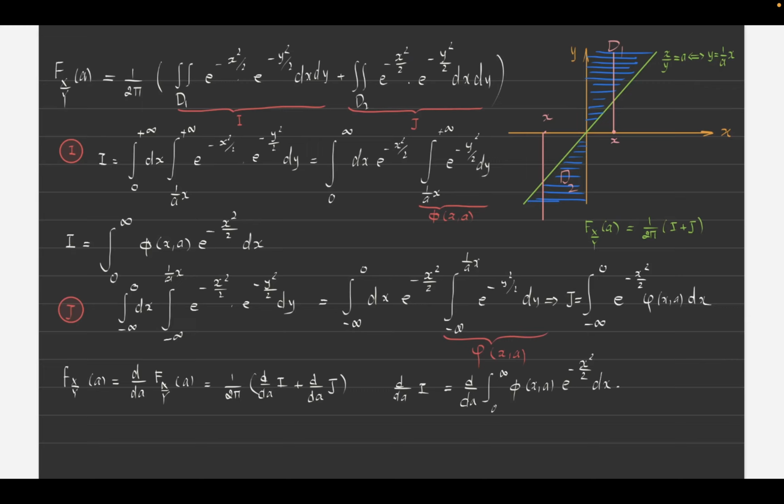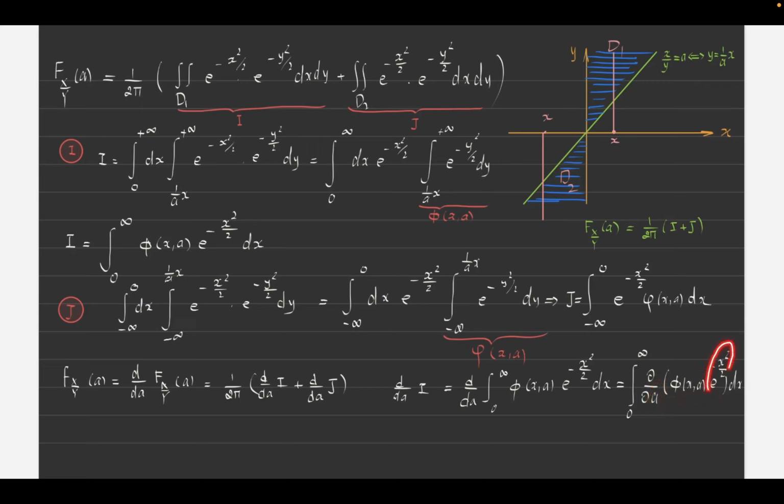You know that we can move this derivative inside, but because I have more than one variable, I have to write a partial derivative with respect to a of the whole combination of phi of x and a times e to the power of minus x squared over 2 dx, where x goes from 0 to infinity.